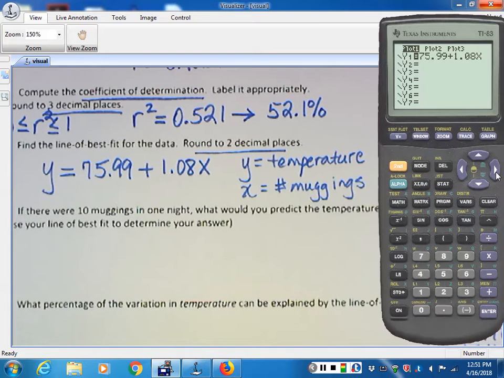So that's actually the equation of that line that you see when you hit graph. That's that line being graphed right there.